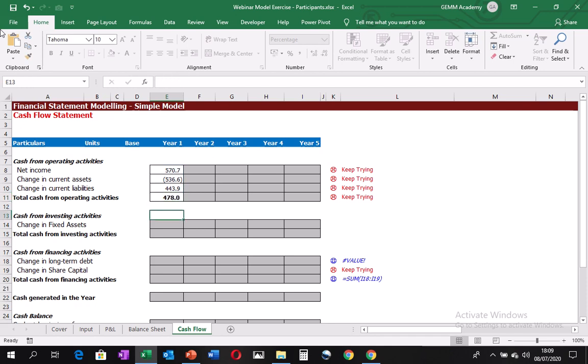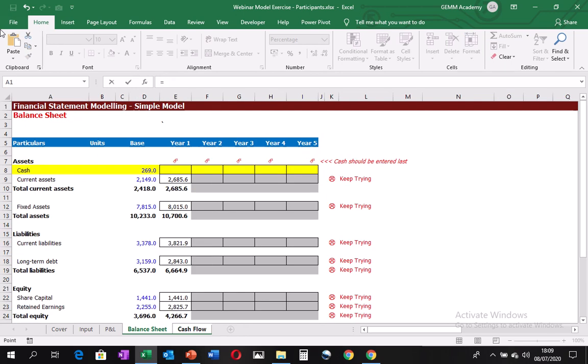that we've got 478. Alright, then here we have change in fixed assets. So equals change in fixed assets. Fixed assets can be found in the balance sheet. So this is fixed assets. Now the difference in fixed assets found in the balance sheet may not just be the additional assets purchased during the period, but also the accumulated depreciation.